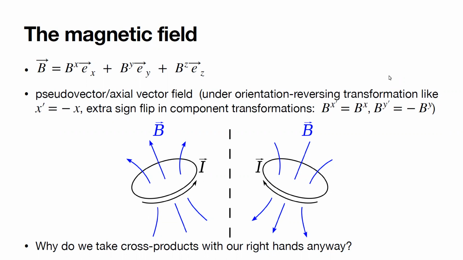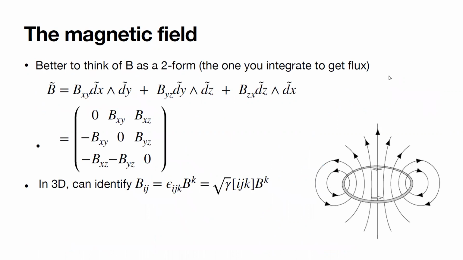And so the answer to this and my cross product question is that the magnetic field isn't really a vector. It's a two-form masquerading as a vector. What is a two-form? There's two ways to think of it. One, it's a rank 2 object, a tensor, an anti-symmetric one. And in 3 dimensions, it just so happens that when you have an anti-symmetric matrix, there are 3 independent components.